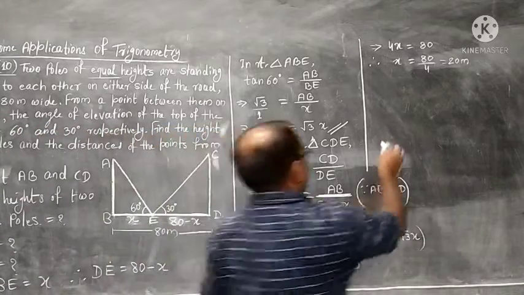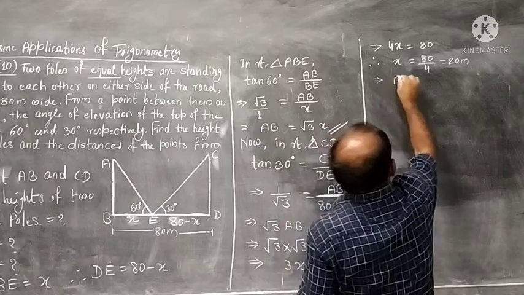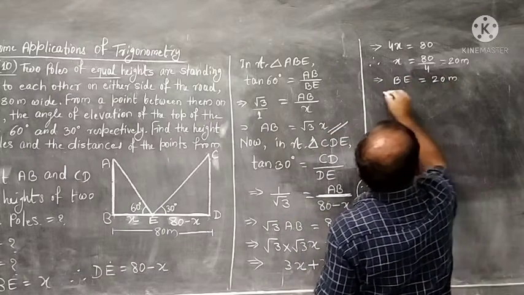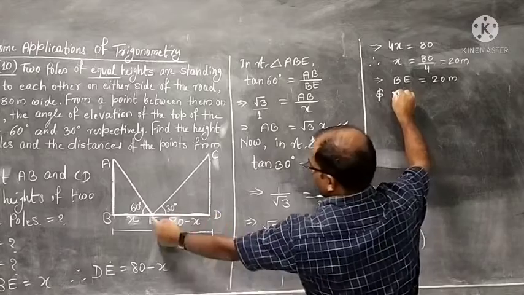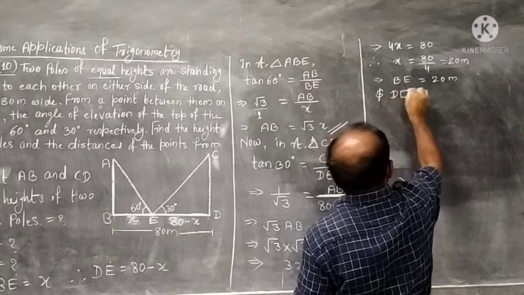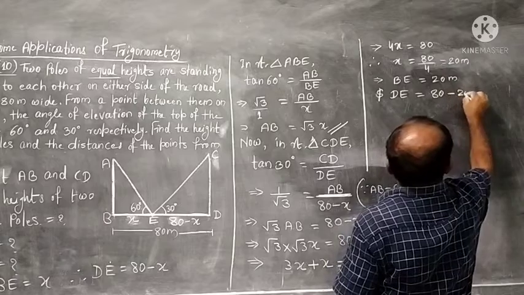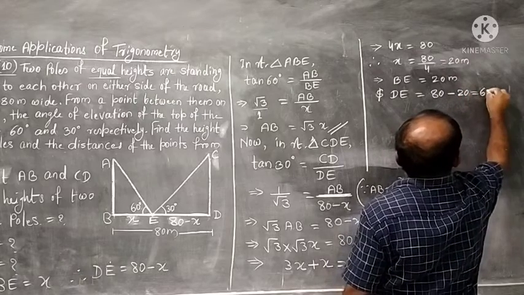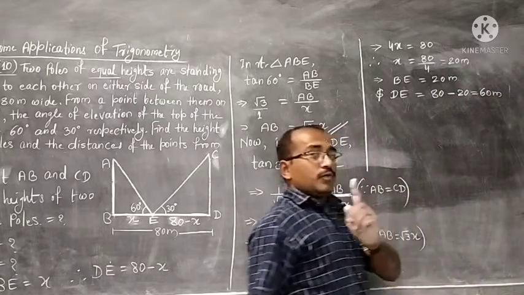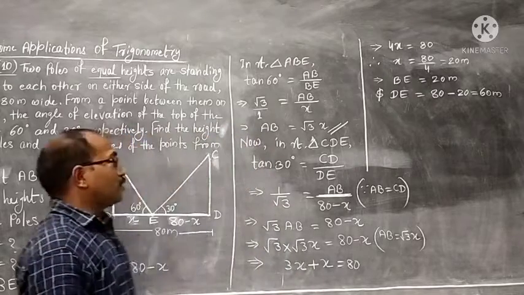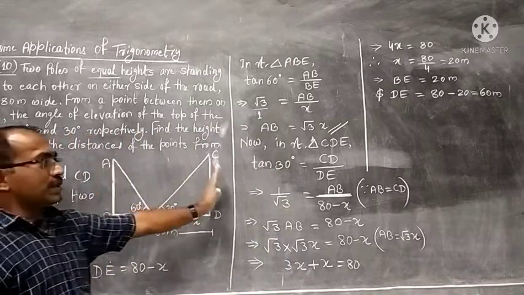So, we got BE equal to 20 meter, and from the other pole the distance DE is equal to 80 minus x, that is 80 minus 20, 60 meter. But still one thing we have not found: the height of the poles, AB or CD.